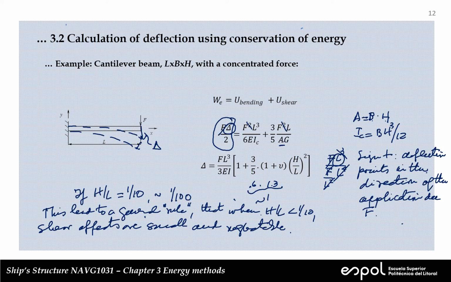Okay, as we said here, right? If this is less than 1/10, this is less than 1 over 100. So this is going to be 1.01. So that's very small. So we neglect this. We are simply including an error which is below 1%, which is neglectable, really.